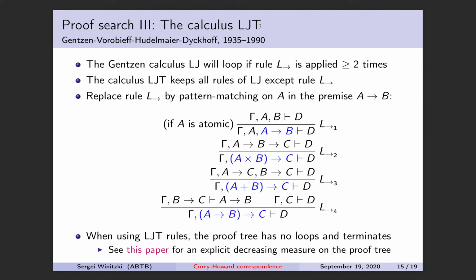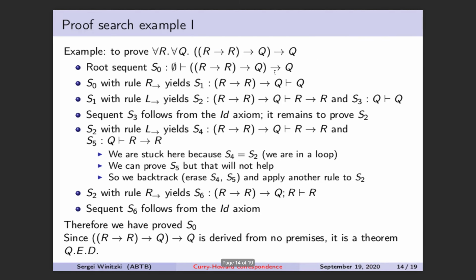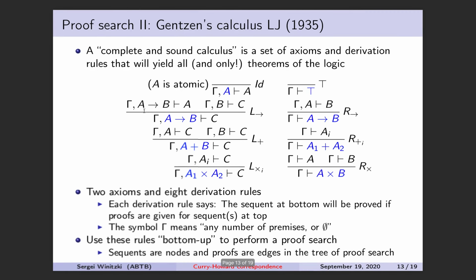The algorithm LJT never generates loops. And the way it does that, it removes this problematic rule, or left implication rule, which gives you a loop. The problem is that this rule repeats this premise.